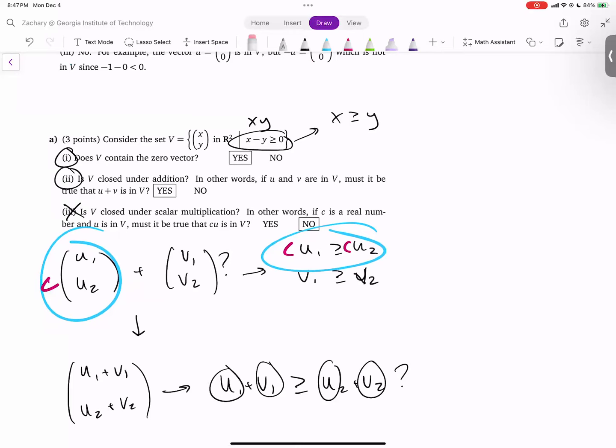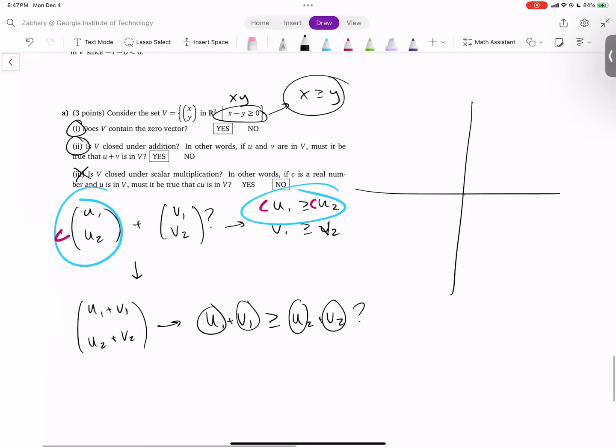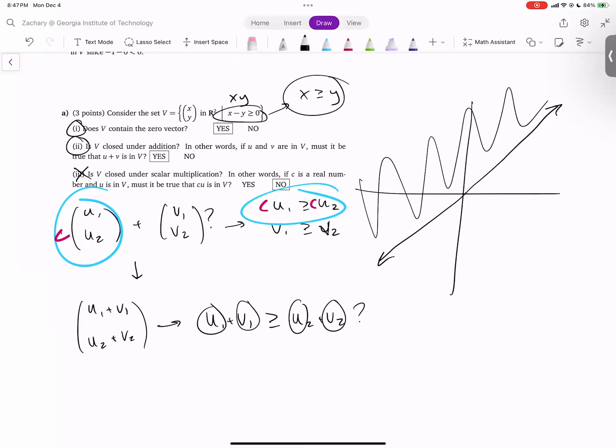Another way you can see this, and which is a fine way of solving it as well, is we could graph it. X is greater than or equal to y. This would be a graph that looks like this, so it'd be this whole space here. Does this space contain the origin? Yes. If I add any two vectors that are pointing somewhere in this direction, will they stay on this half of the coordinate plane?